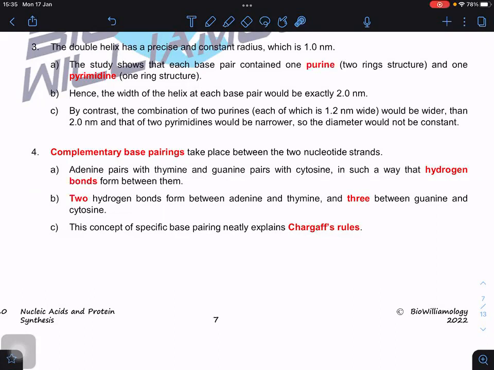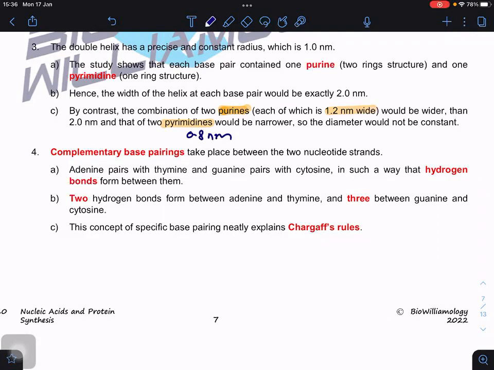If you look at this, the purine is 1.2 nanometers wide, and the pyrimidine is 0.8 nanometers. So they always pair a 2-ring purine with a 1-ring pyrimidine. That's why the diameter is always maintained at 2.0: 1.2 plus 0.8, 2 nanometers.